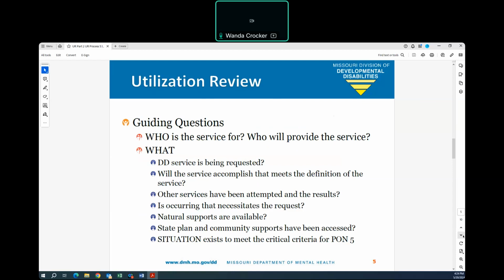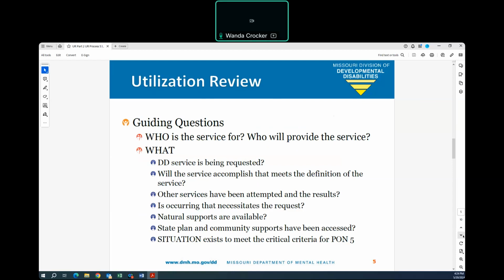And not just "will" as in we're predicting it will happen, but because of the hospitalizations and the skin breakdowns currently experienced and the frequency of physicians' consultations, this service has been determined to mitigate that and keep them healthier. Connect things. Oftentimes we just ask for something and we don't explain what will happen without the service. We talk about it in generic terms, but connect the dots and be very specific.